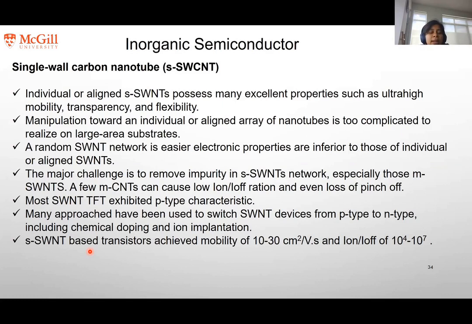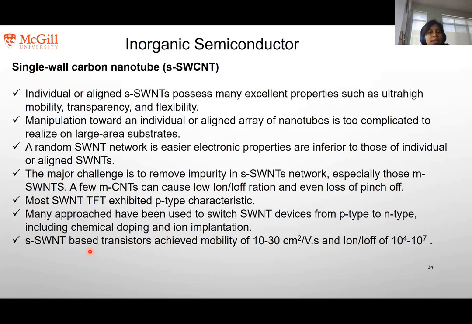And then we can look into some inorganic semiconductors. Among different inorganic semiconductors, the single wall carbon nanotube is the most attractive one. We can use individual single wall carbon nanotubes as a semiconductor material in a transistor channel, or we can use a film.